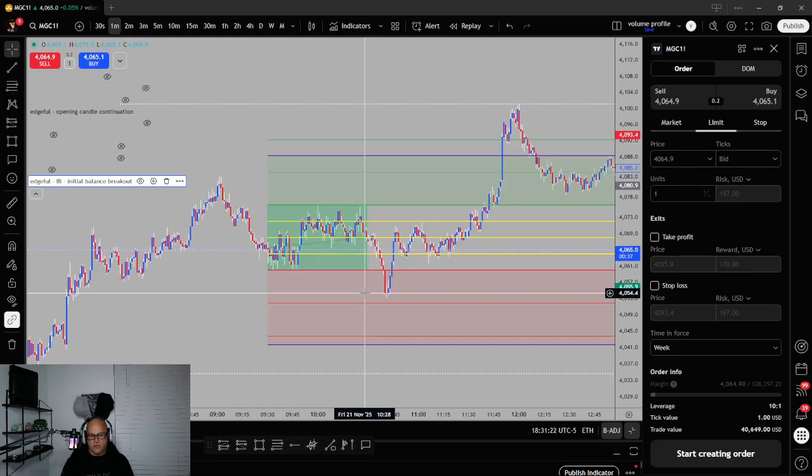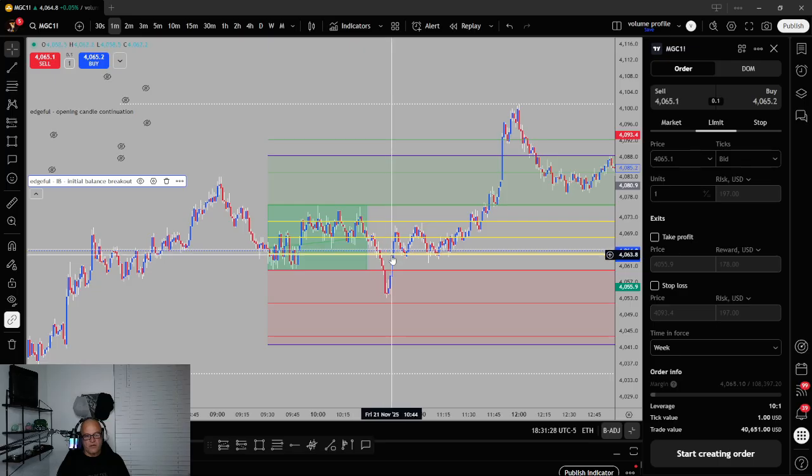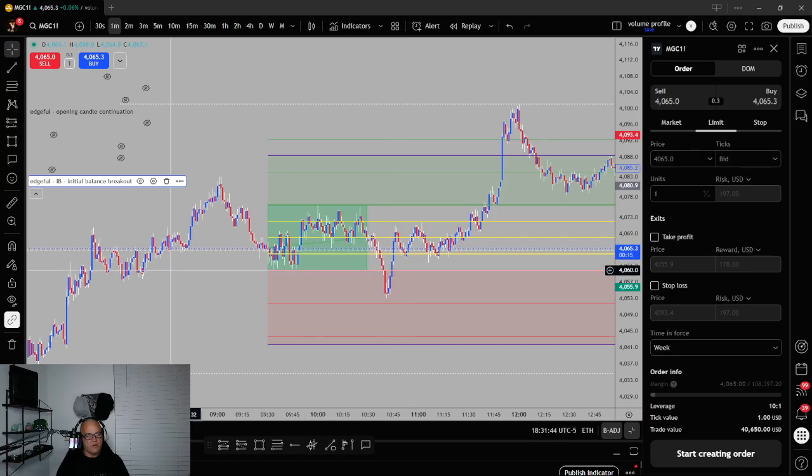Okay. So we break out to the downside and we immediately pull up and we blow right through the 25% and we hit the 50%. Now this is what I'm going to do in this case, because the 50% still has some decent numbers on it, but we fair value gapped from this low when we swept all this low and all this low.